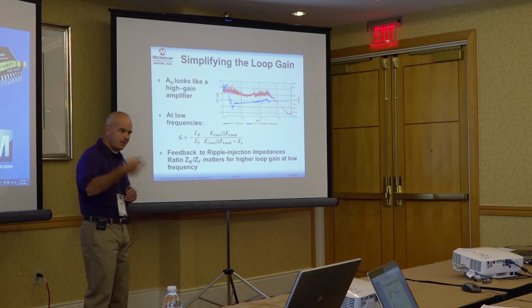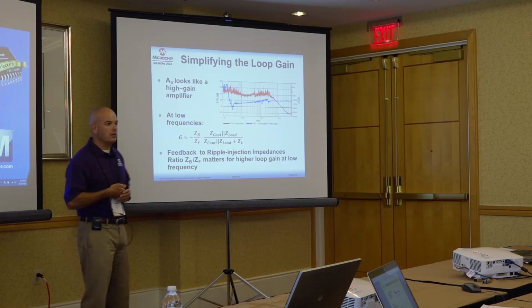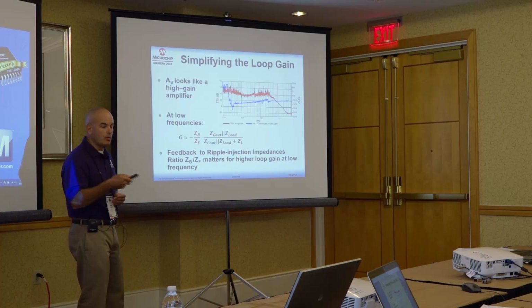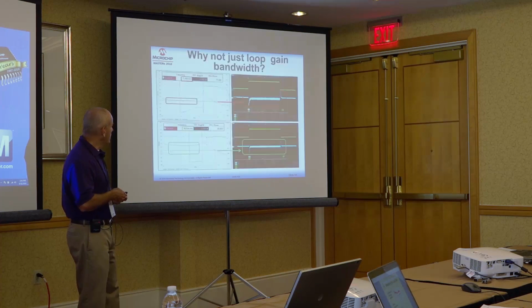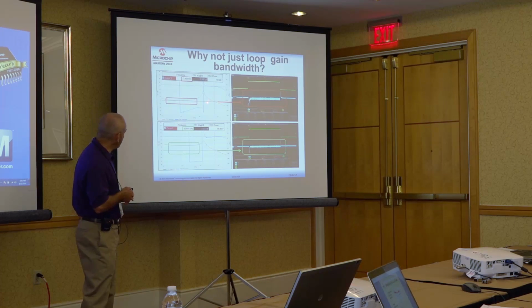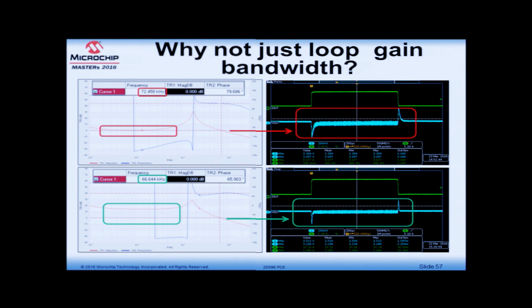So this ratio matters to achieve higher loop gain at low frequency. And this is a very important thing to have if you're concerned about the load transient response quality. It's not just a matter of loop gain bandwidth. Here we are comparing two different transient responses. One is basically the same power stage, different compensation, let's say selection of ripple injection and feedback components.